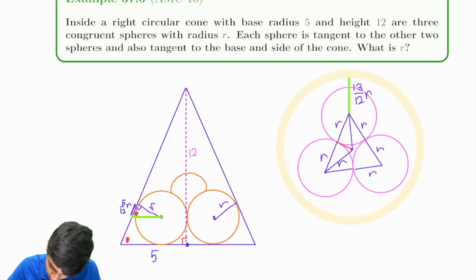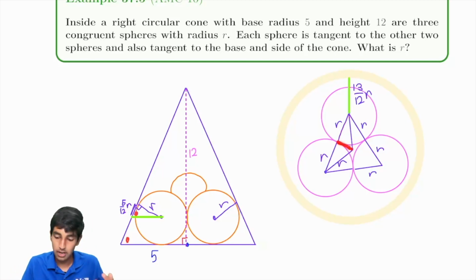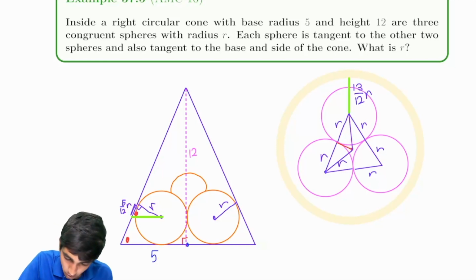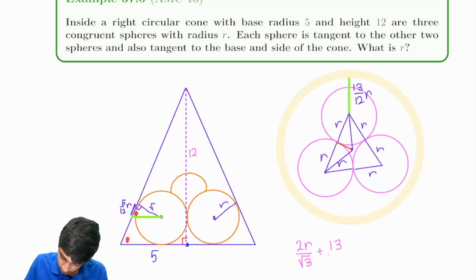Let's drop in the altitude. This is r. This is r over root 3, 30-60-90s. This is 2r over root 3, again, 30-60-90s. So in total, the radius of this orange circle is 2r over root 3 plus 13/12 r.